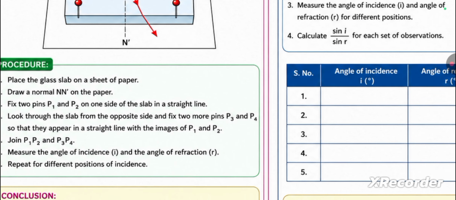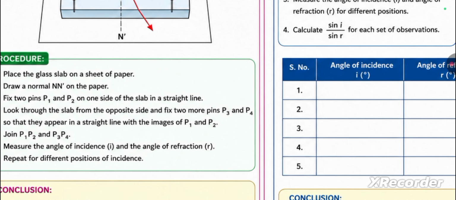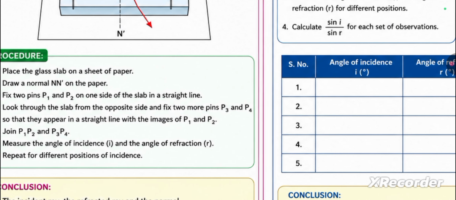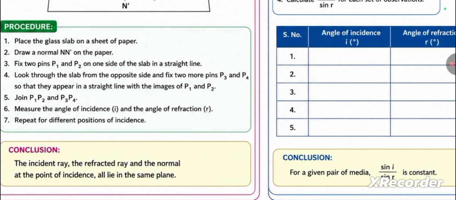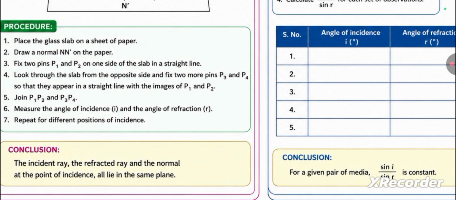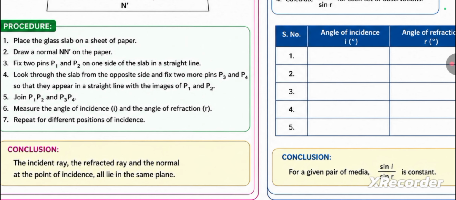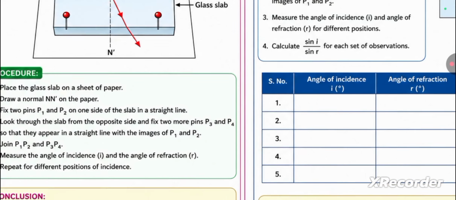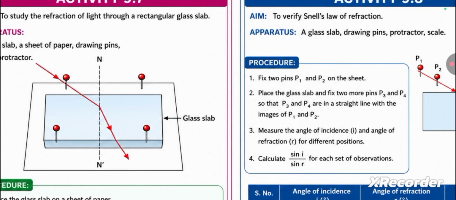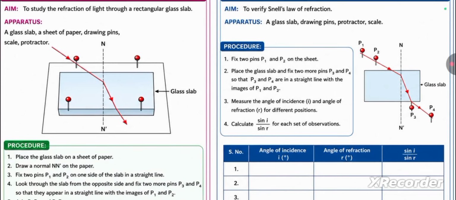Measure the angle of incidence I and angle of refraction R. Repeat for different positions of incidence. Conclusion: the incident ray, the refracted ray and the normal at the point of incidence all lie in the same plane. Okay, we already discussed this activity just before.